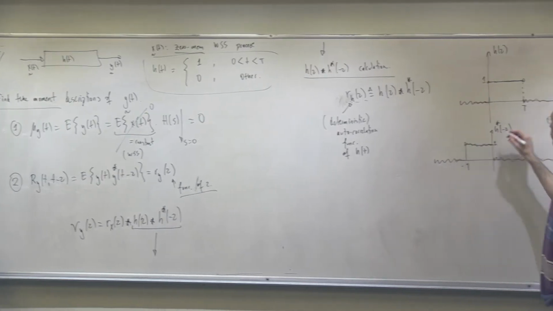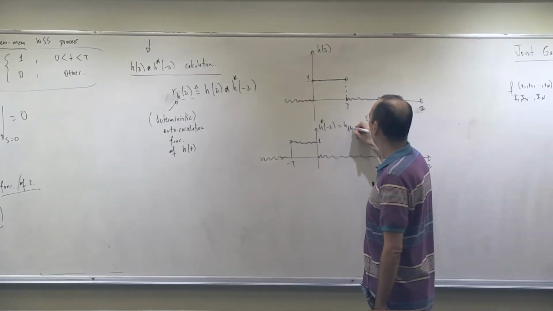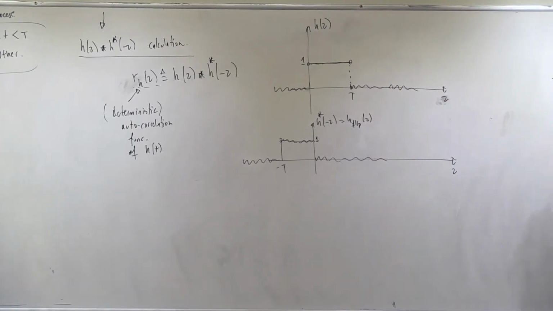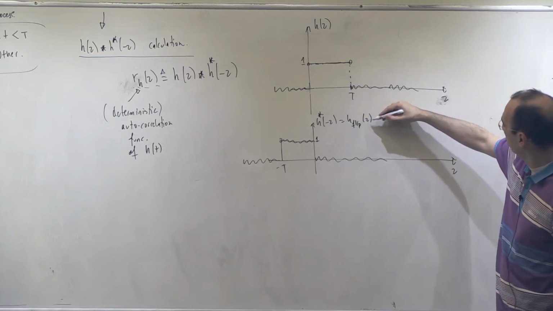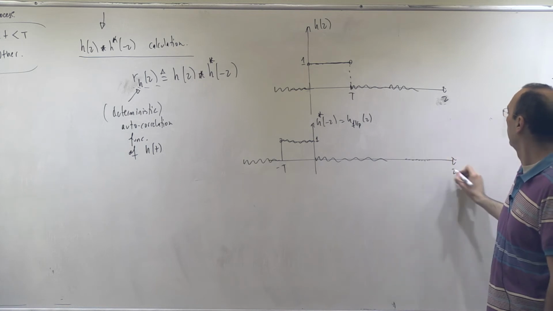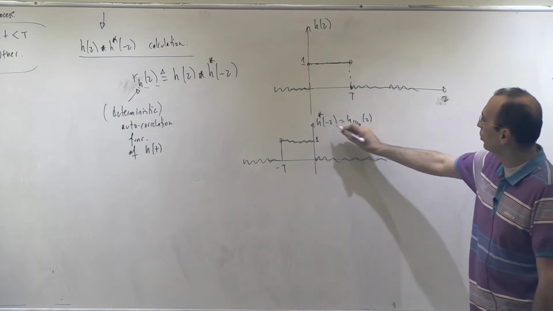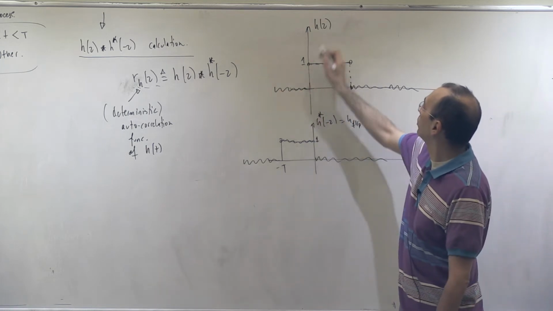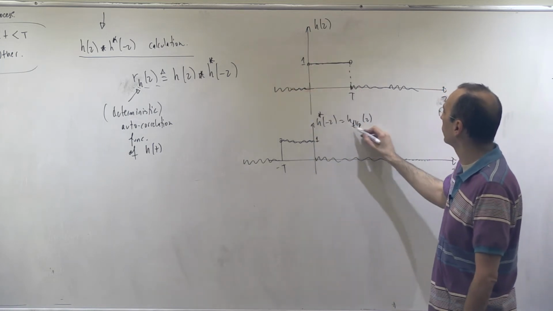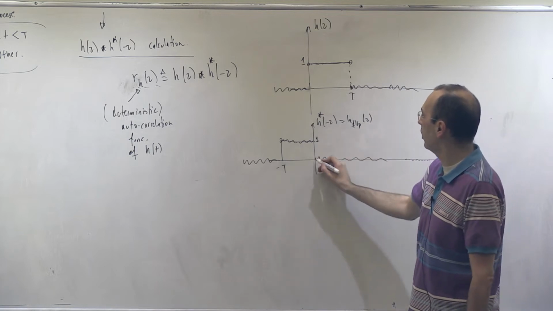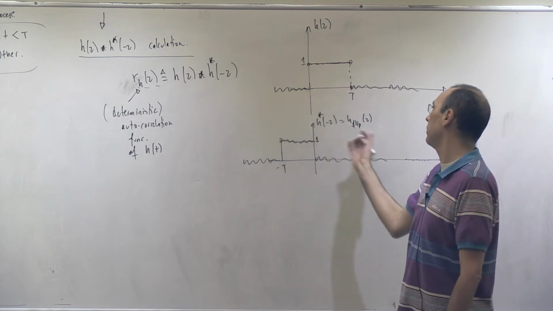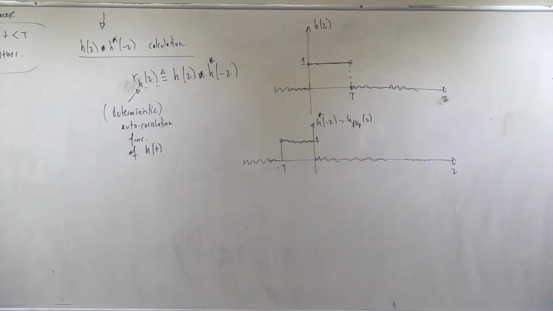You may consider this h flip if you wish. It's very basic signal processing, maybe from a first course, but we should be clear on this. So h flip of tau for positive taus is equal to h of negative taus. So the negative quantities over here are mapped to the positive quantities over here. This is the reason it's the flipped version.